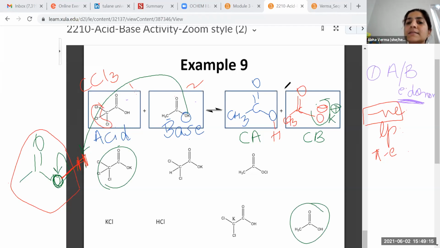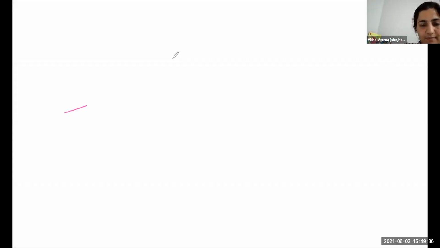The last thing is which direction the reaction will go. So I'm going to ignore my acids. I will only look at my bases. So if you look at this base and if you look at this base, I'm not going to write all of it.